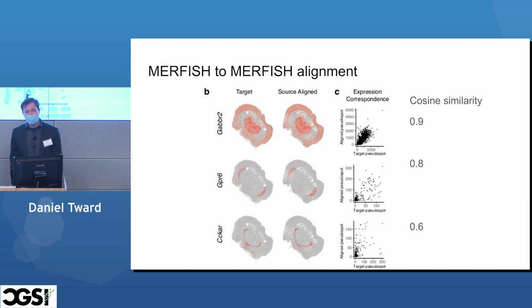Different technologies will have different sensitivities. Different runs, even of a MERFISH technology, will have different sensitivities, so we may get more or less expression, but the relative expression between different genes could still be the same. Does that answer your question? Okay, great.